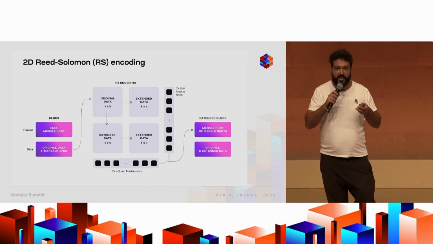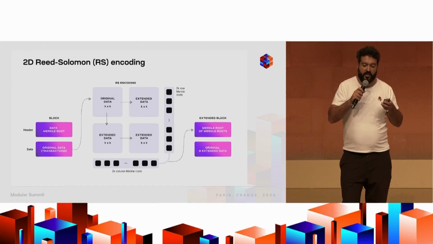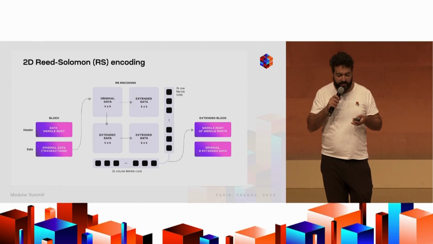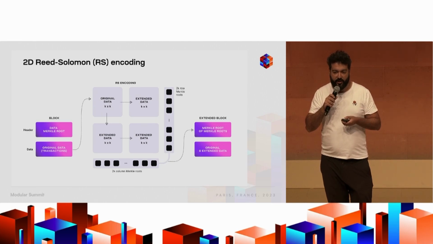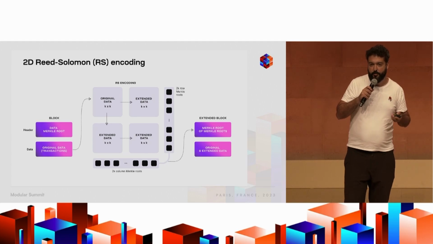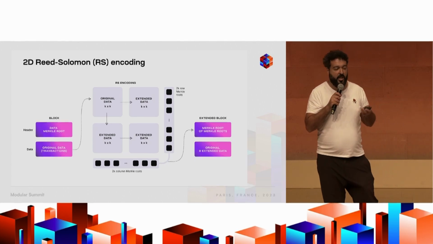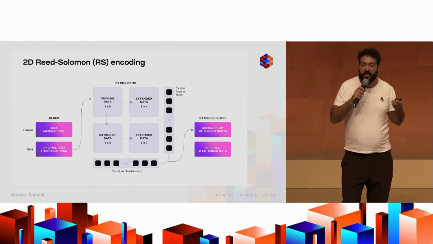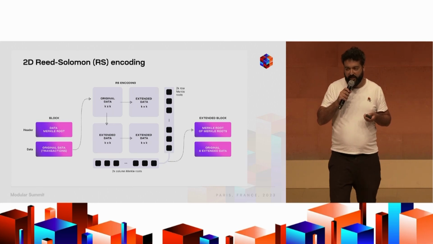The original block data is split into equally sized chunks, and then you add this erasure coding in this square construction that is depicted here. The details do not matter. What matters is that this enables you, with a portion of the data, to always recover the whole data.